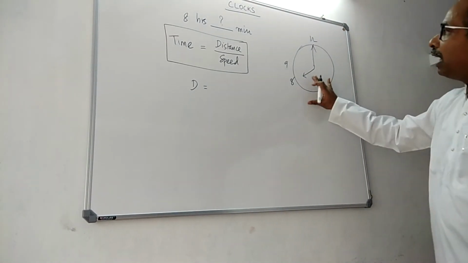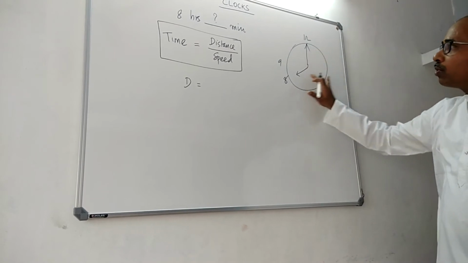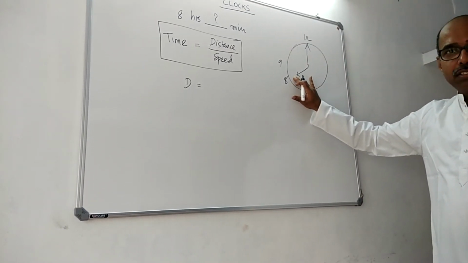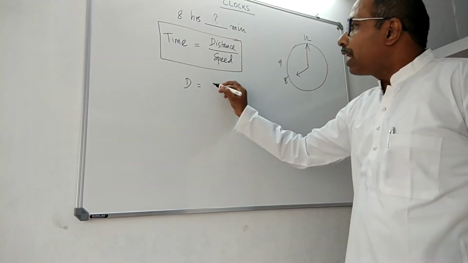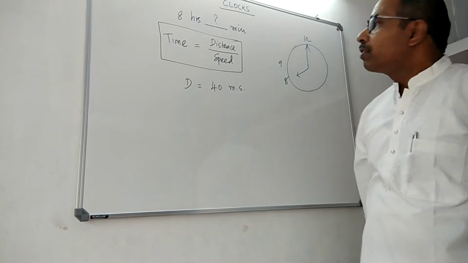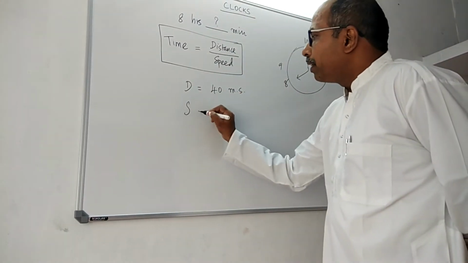If the smaller hand is stagnant, if this is fixed, the longer hand has to travel 40 minute spaces to coincide with this. Right? So the distance to be traveled is 40 minute spaces. And let us try to find the speed.